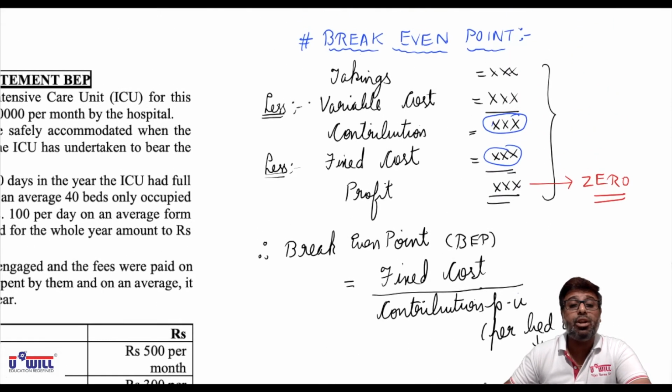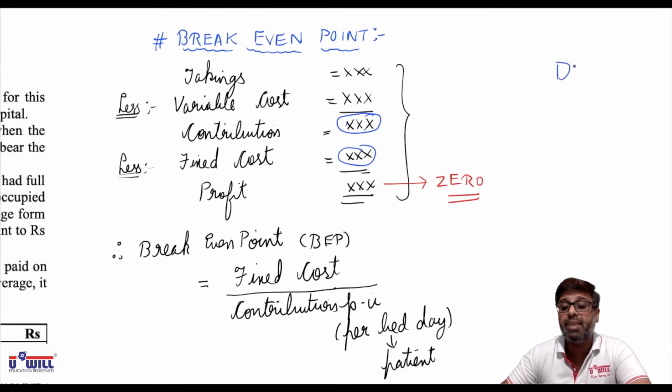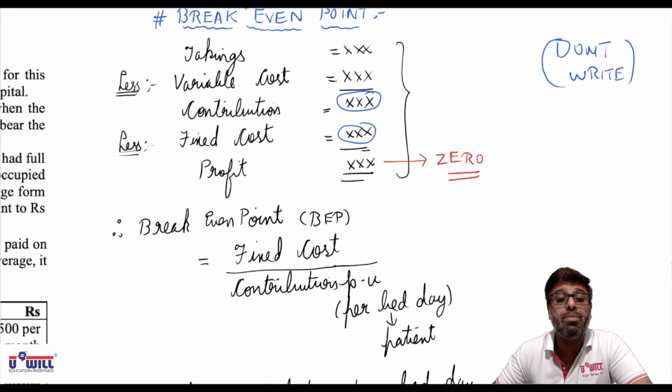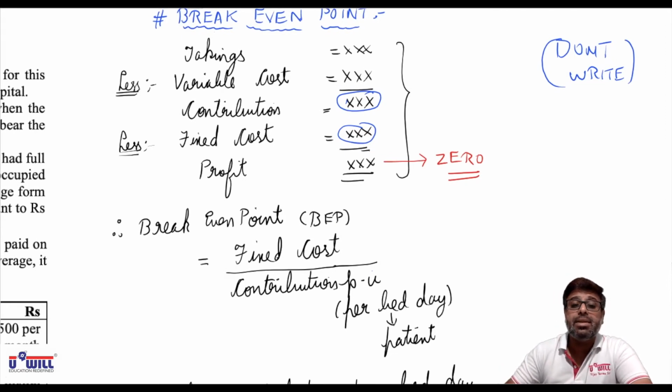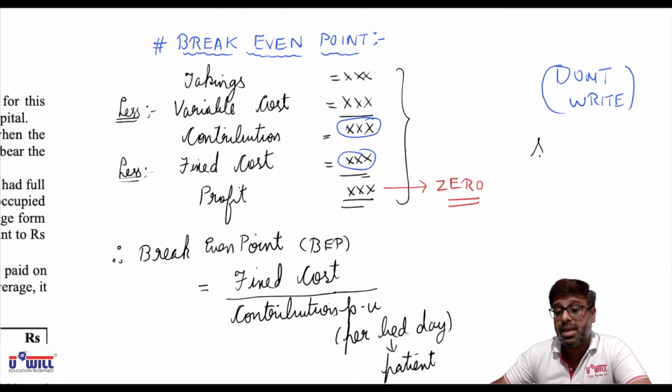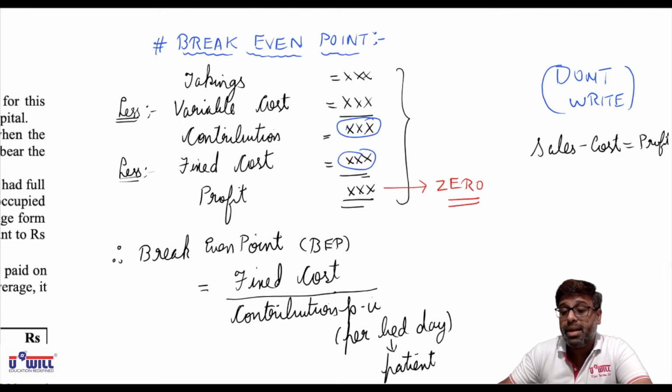Now further I'll also explain, you don't have to write it. I repeat, you don't have to write, but I'll explain how we came across this formula of fixed cost upon contribution per unit. Understand this. We know that sales minus cost is profit, and here cost is of two types, fixed cost plus variable cost.